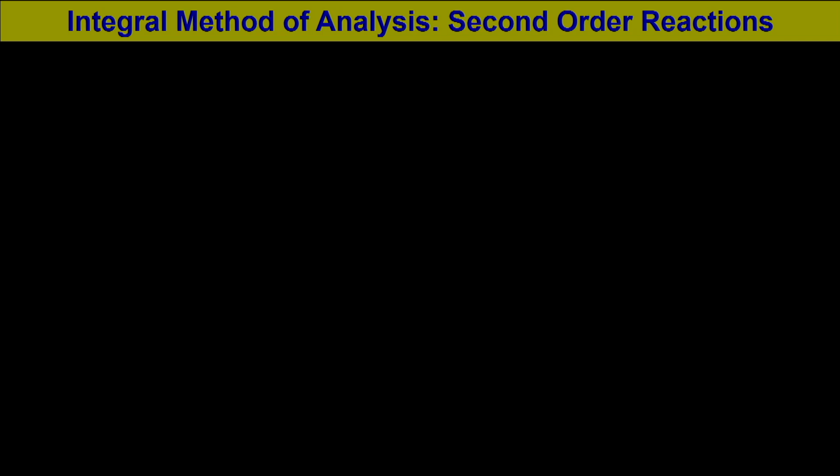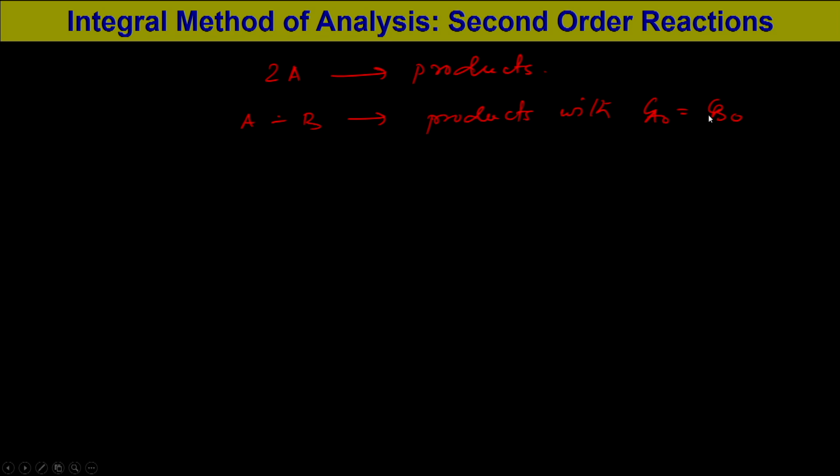Now, if we consider the second order reactions, let us consider bimolecular type of second order reactions, say 2A gives products, or we can consider A plus B gives products with C_A0 equal to C_B0.